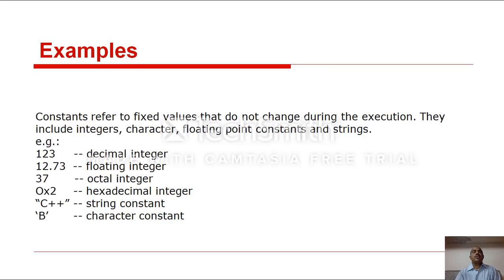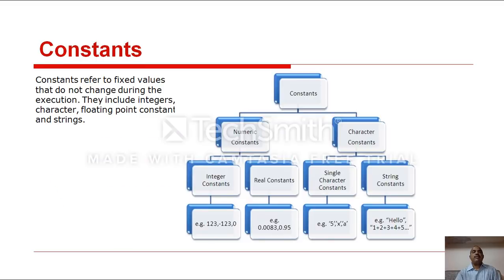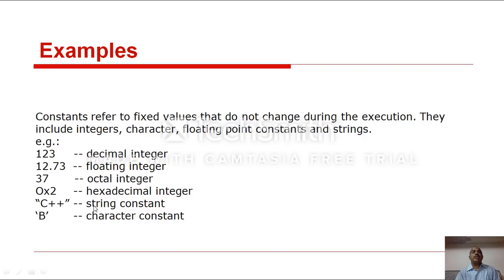These are examples of constants. Here 123 is a decimal integer constant, 12.73 is a floating constant, 037 is an octal integer constant, 0x2 is a hexadecimal integer constant. Then C++ string constants, and 'B' is a character constant. Clear?